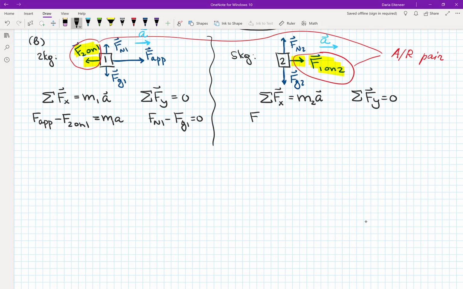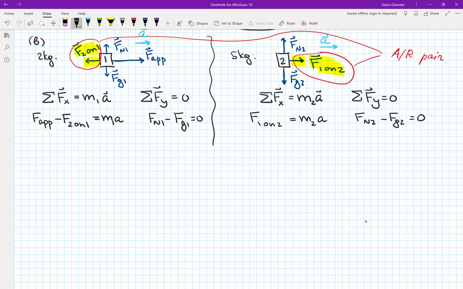And same thing here. So we could calculate those normal forces individually. I'm not even worried about that right now. Right now, we're after the contact forces. The contact forces are highlighted on the free body diagrams.